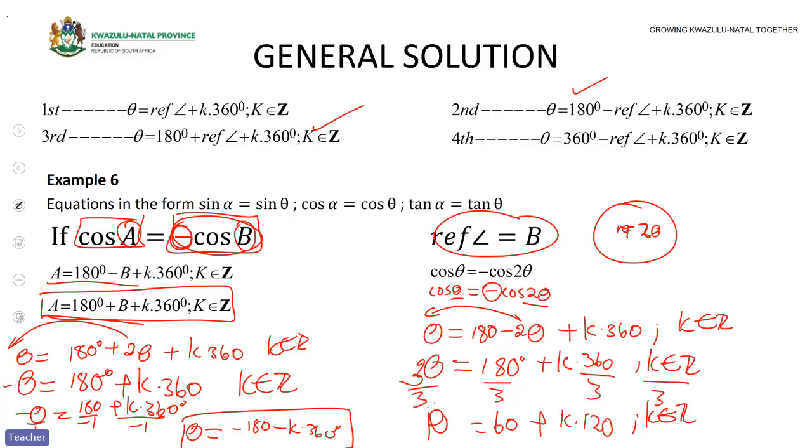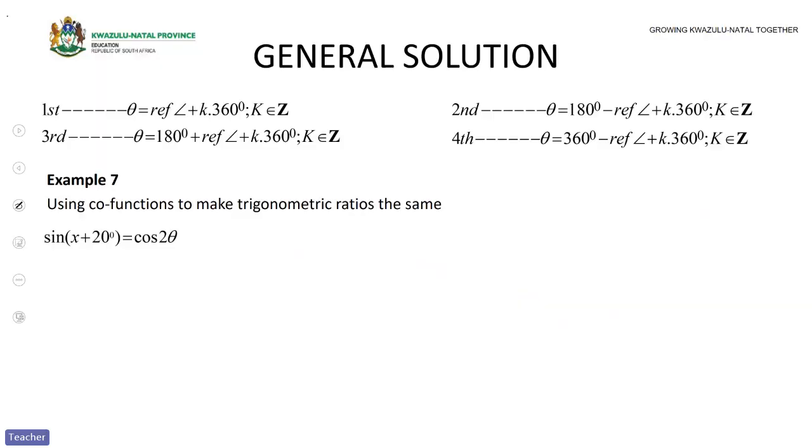And then we also have this one here. I hope we are still following. Now moving to the next one, which uses cofunctions. As I said, you need to check whether it is possible to use cofunctions. If you recall the previous example that we've just done, you can see that here you have different ratios.